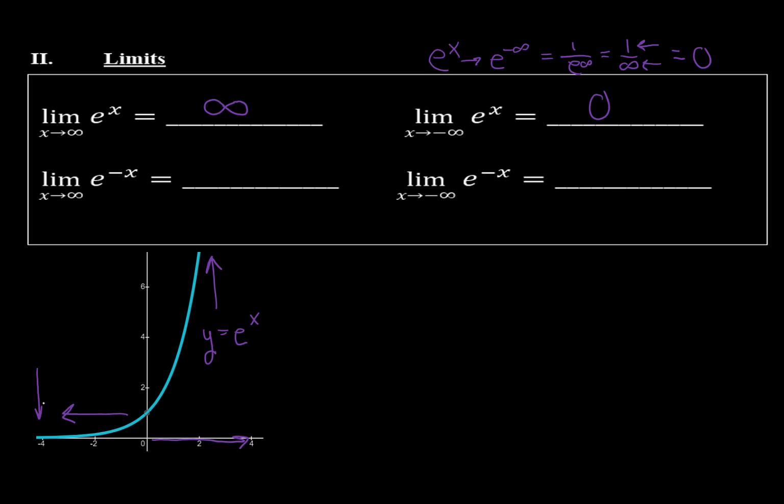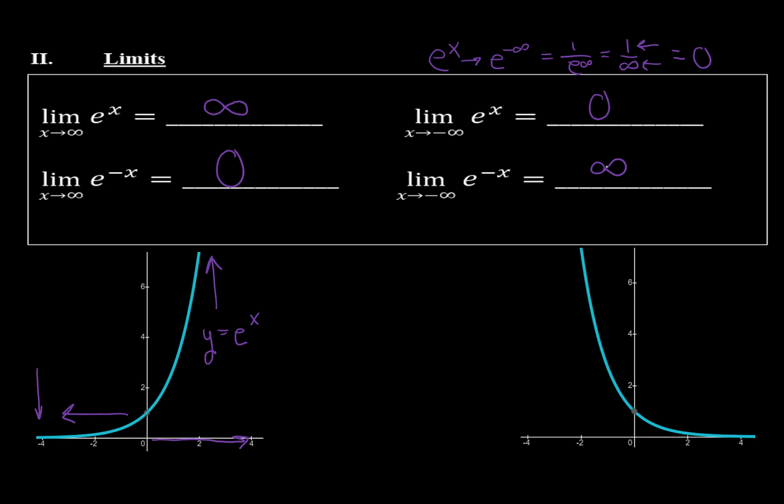So similarly, if I'm going to look at the limit of e to the negative x as x approaches infinity, that's going to give me 1 over infinity again. That'll give me 0. And then if I do e to the negative x, the limit as x approaches negative infinity, that would be e to the power of negative infinity, which is infinity. And that gives me infinity.